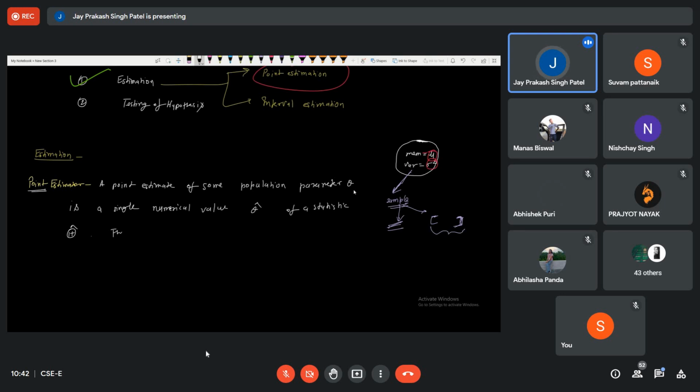Here this statistic script theta hat is called the point estimator.